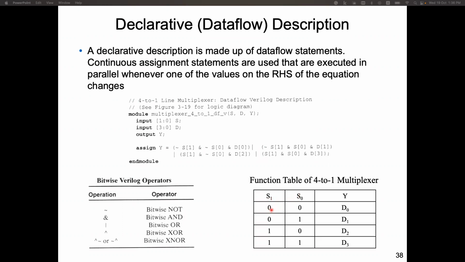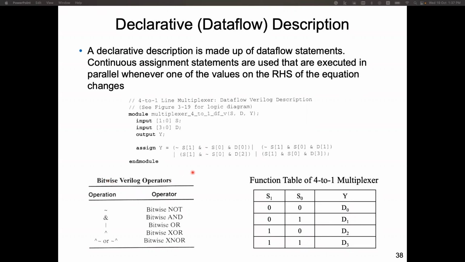If S1 S0 is 0, 0, then we pass D0 to the output. If 0, 1, then we pass the second line to the output. If selection is 1, 0, pass the third one. If selection is 1, 1, we pass the fourth line of D to the output.